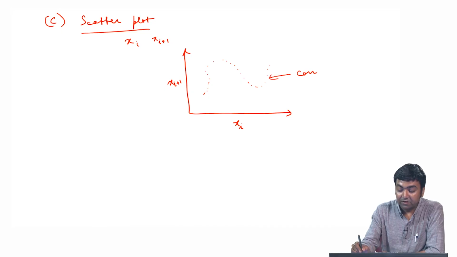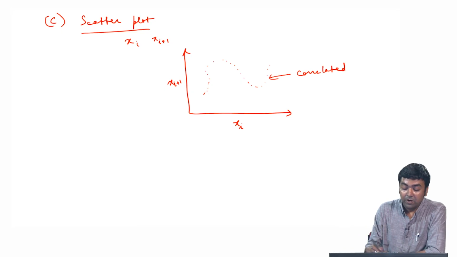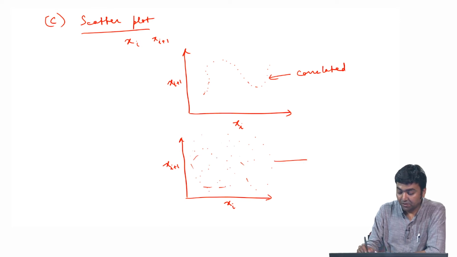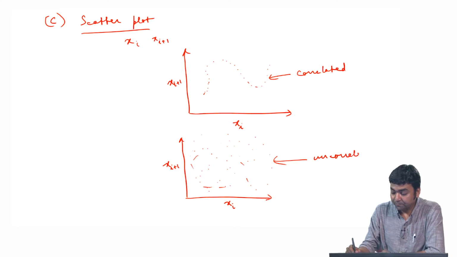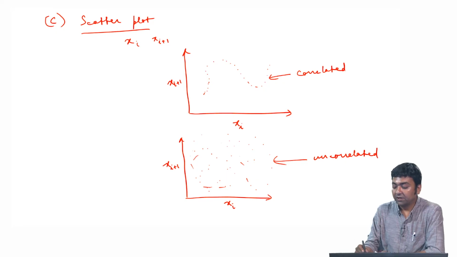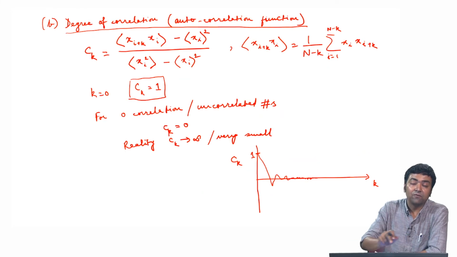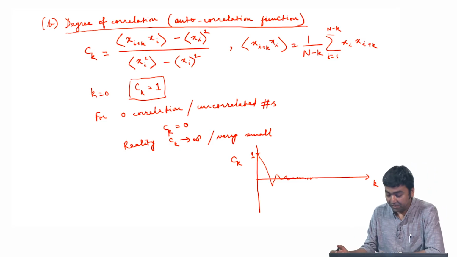But if it is completely uncorrelated, then your scatter plot will look something like this; it will be spread all over. This will tell whether it is uncorrelated or random. So this is a visual way of measuring the randomness, while the degree of correlation quantifies the same quantity.